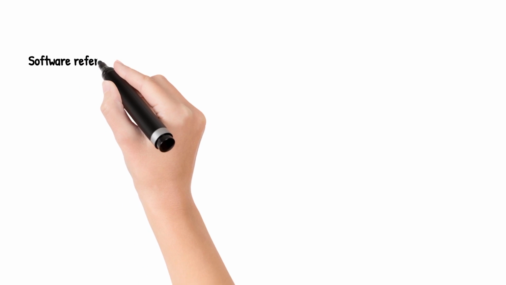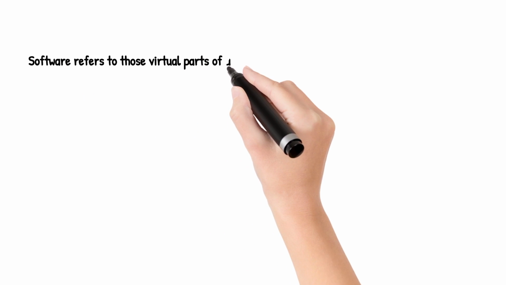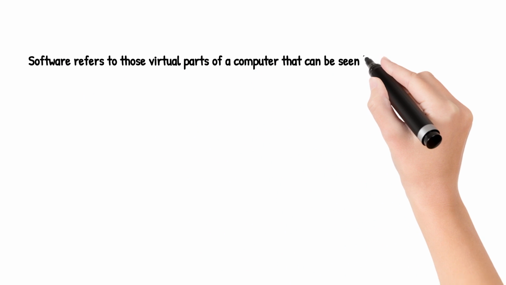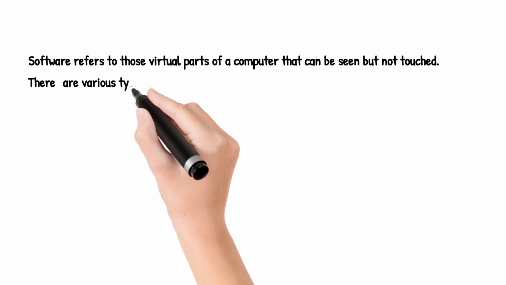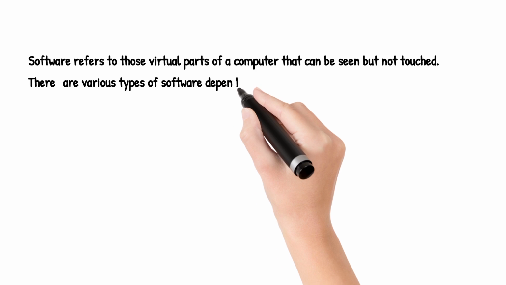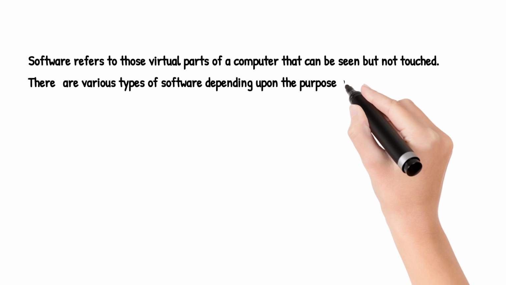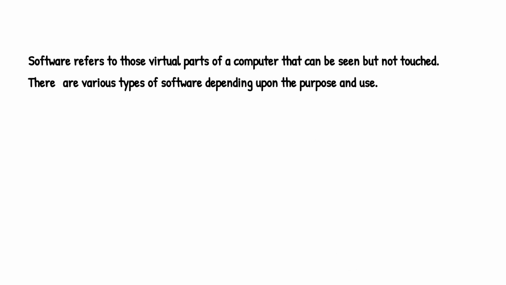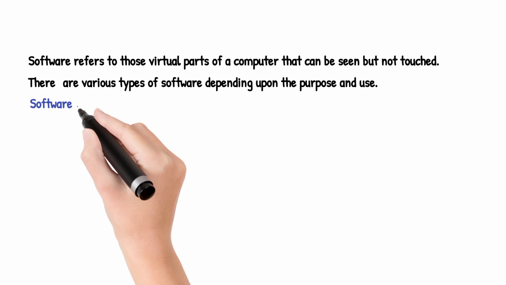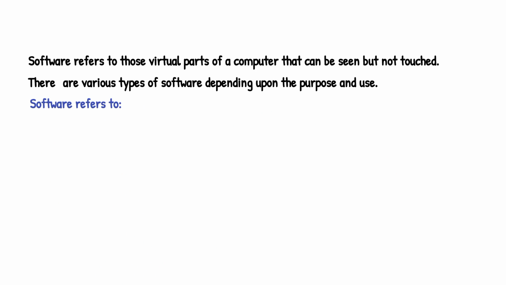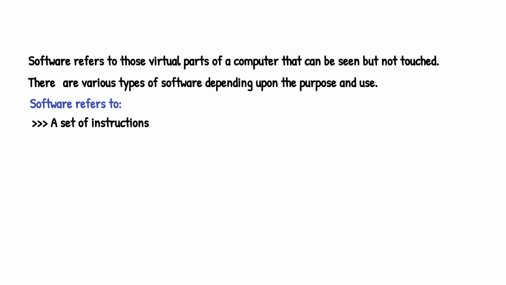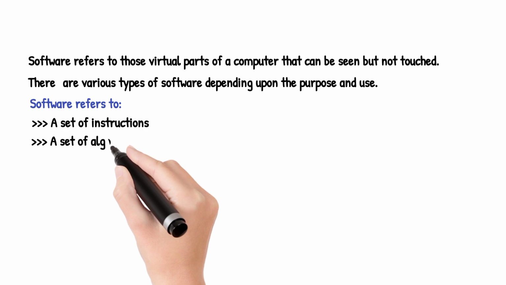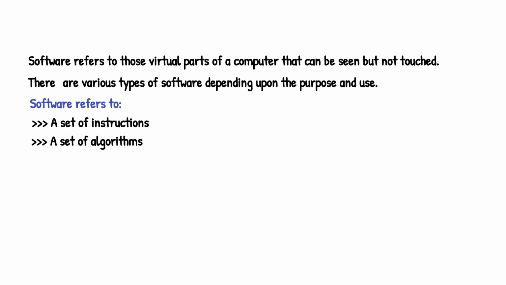The term software refers to those virtual parts of a computer that can be seen but not touched. There are various types of software depending upon the purpose and use. Software refers to 1. A set of instructions. 2. A set of algorithms.